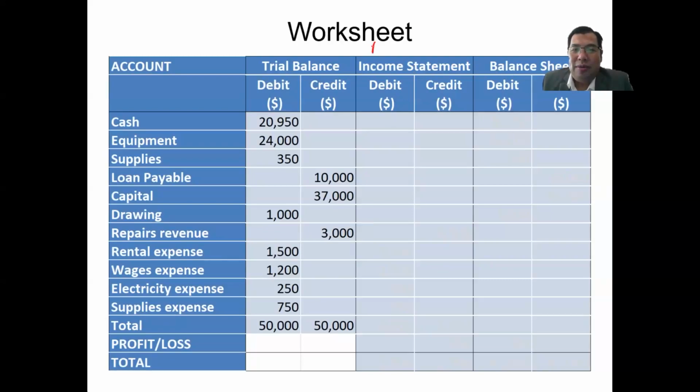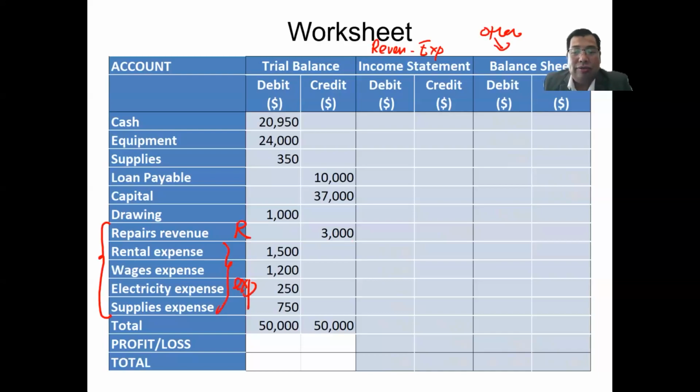Revenue and expenses will go to the income statement, others will go to the balance sheet. How we're going to do that is very easy. If you look here, we have your repairs, rental, wages, supplies. This is your revenue, and this is your expense.